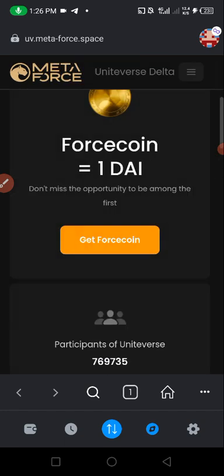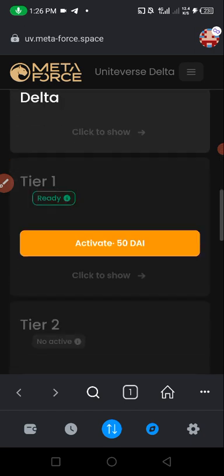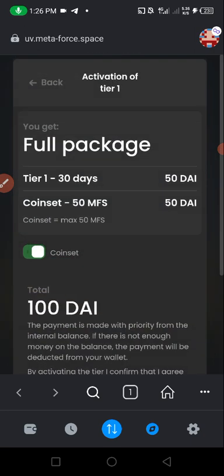On the Universe program, you need a minimum of $100 to be able to get ForceCoin with your own account. $50 will be used to activate the Universe portal, the only place you can use to get ForceCoin on your account. Then the remaining $50 will be used to automatically buy your first ForceCoin. Currently ForceCoin is $1, so your $50 will give you 50 ForceCoin.